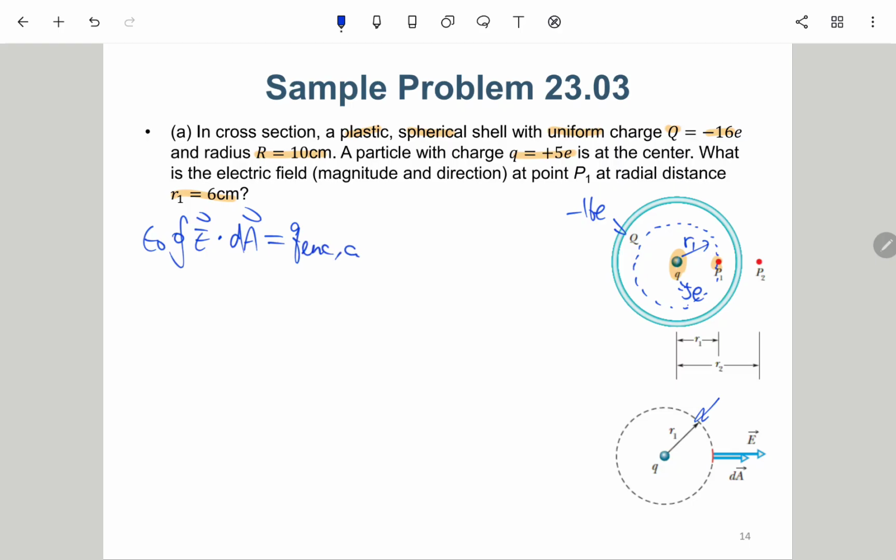According to similar steps to before, we skip through, so this will be E integration of dA equals small q, which is 5e plus 5e.